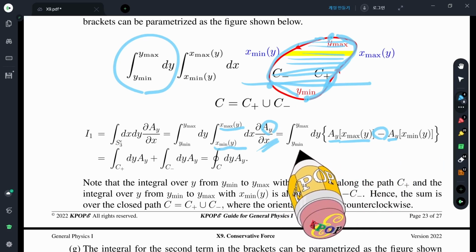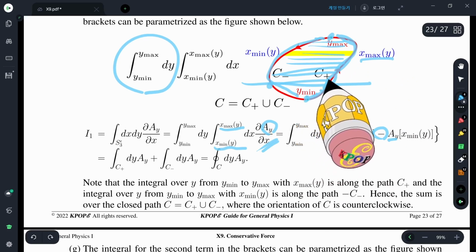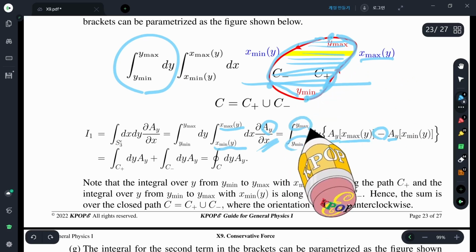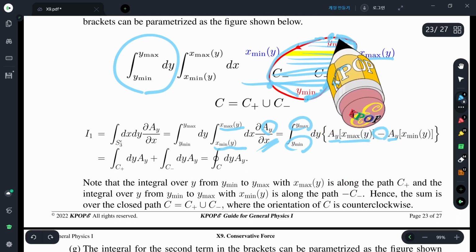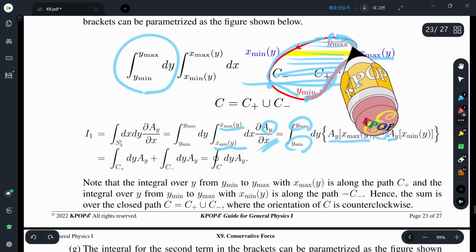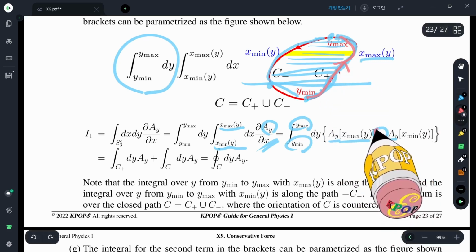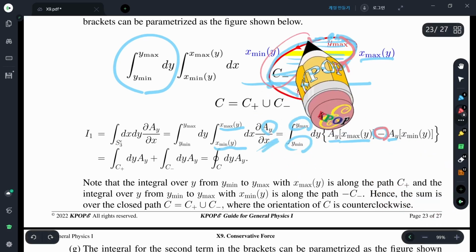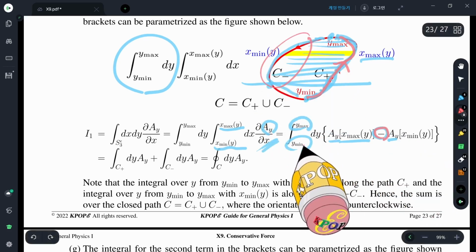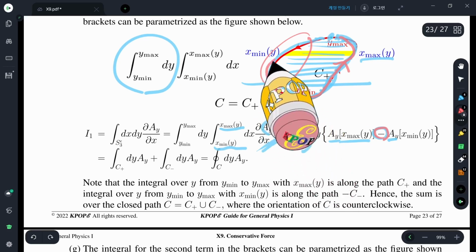If I carry out the y integral, these maximum points from y minimum to y maximum become the border C plus. And then we have minus the x minimum part, from y minimum to y maximum, from here to there.